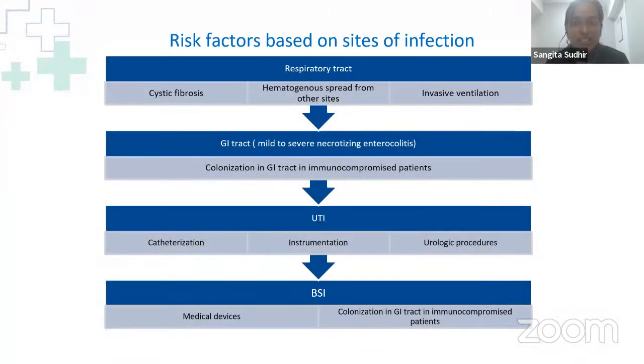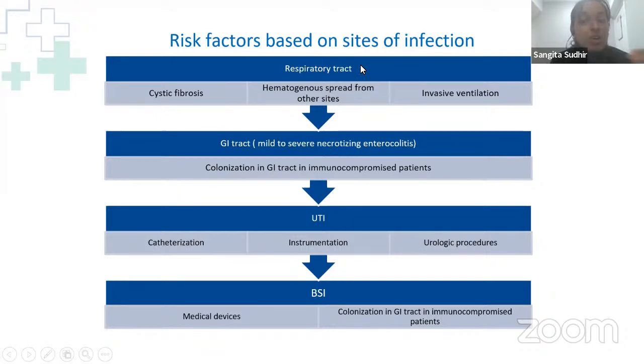So let's discuss some of the infections and their risk factors. The dark blue color is the infection that these organisms cause, and the light blue color shows some causes or risk factors for it. So, for example, Pseudomonas aeruginosa can cause respiratory infection in cystic fibrosis, and this can spread hematogenously to other sites.